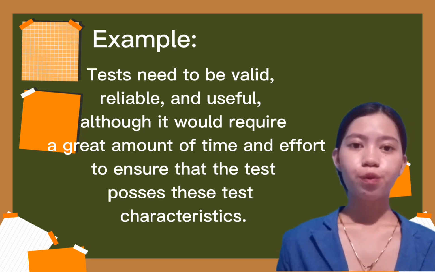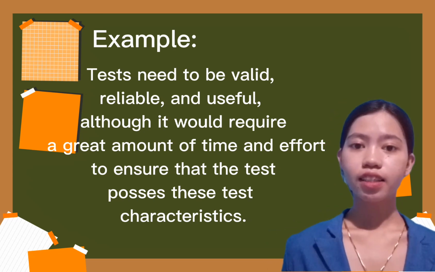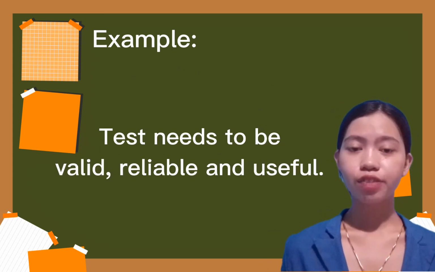If we revise that example, let's say the test needs to be valid, reliable, and useful. It's more helpful for students to identify whether the statement is true or false. Because if the statement is too long, the students can encounter difficulty in answering, and through that, we cannot really measure the students' knowledge, because test validity requires that it measures what is intended to be measured.